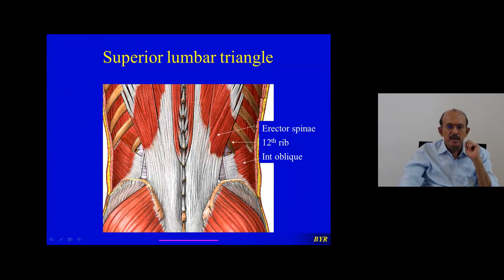If you take away the latissimus dorsi, then you can see the erector spinae muscle, and you can see the internal oblique muscle here, and here is the 12th rib. So the triangle between the 12th rib, internal oblique, and erector spinae is the superior lumbar triangle.